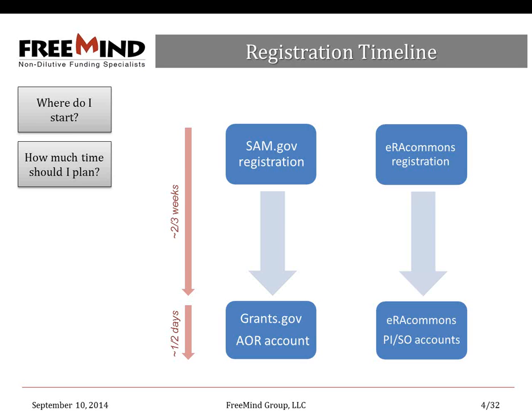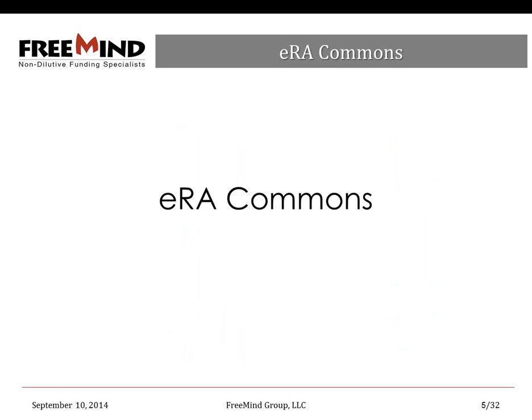The first one is the Sam.gov registration, which has to be done before the Grants.gov registration, so I'll explain what all these things mean. And then in parallel, you should be doing an ERA Commons registration, which is done before doing internal accounts within the ERA Commons system. This might be familiar to you, this might mean nothing, but I'm going to make sure that by the end of this you understand what I'm talking about, if you bear with me.